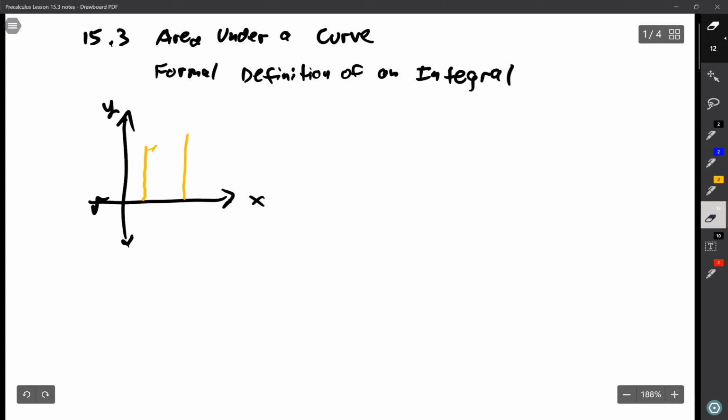But what if we have curves? What if we have something like this, and we want to find this area here?